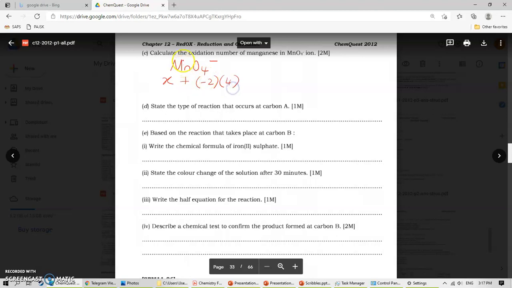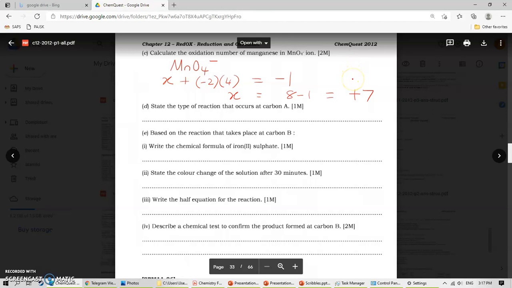If we add up all these oxidation numbers, it must be equal to -1 because it's a -1 ion. So from here we can see that X would be equal to 8 minus 1, which is +7. When you write oxidation number, you have to write the positive and the negative. So in this case, the oxidation number for manganese is +7.